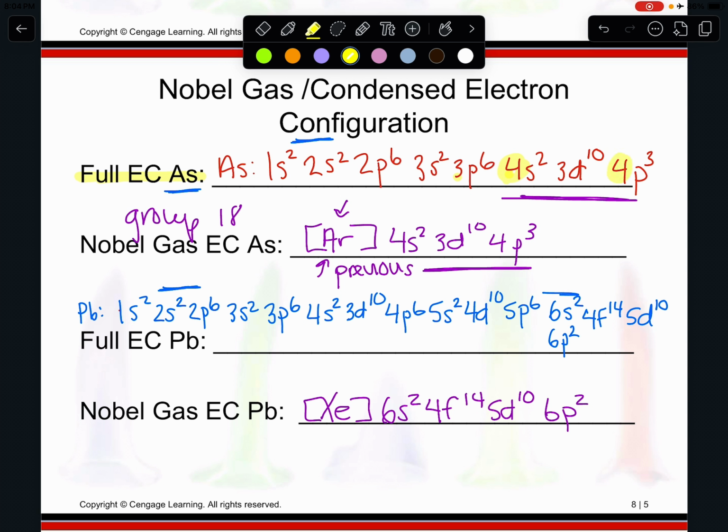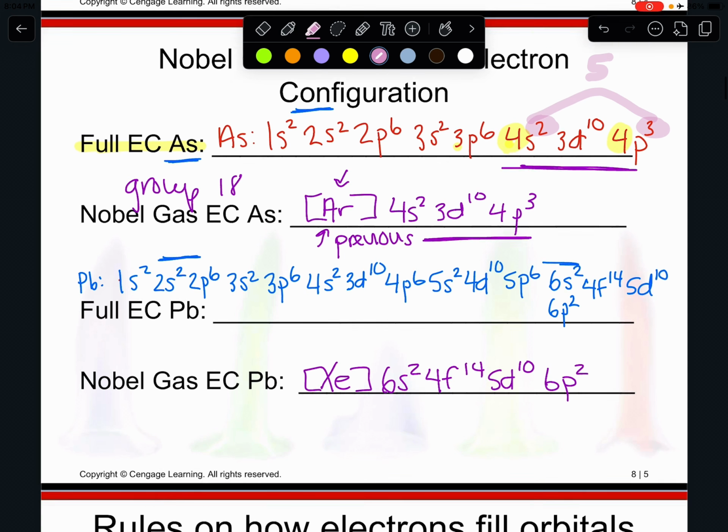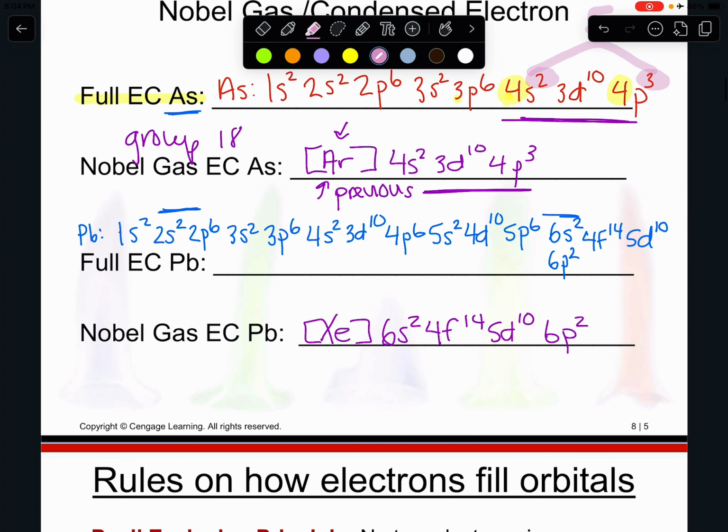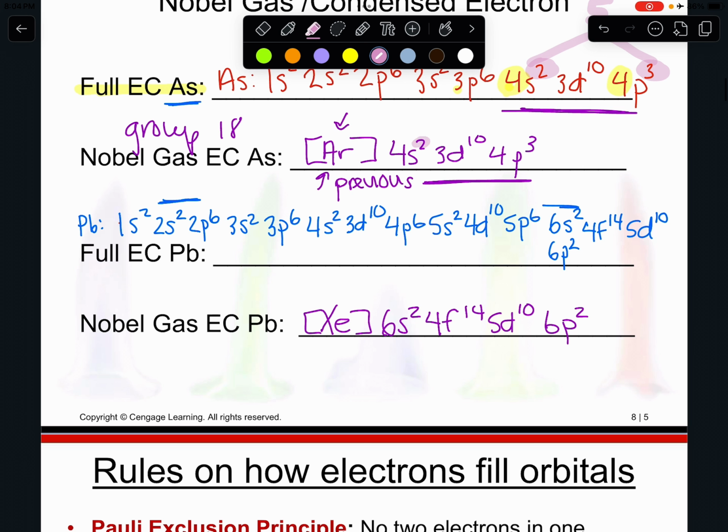So you always want to make sure if there's more than one, you add them together. And then to figure out the valence electrons, you're only going to be looking at the exponents, and you add those together to get your number of valence. So arsenic would have 5. And you can use the condensed or the full to do this. Again, you'd still see the same 5.